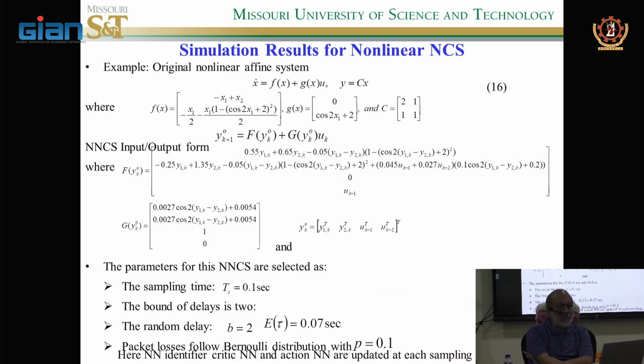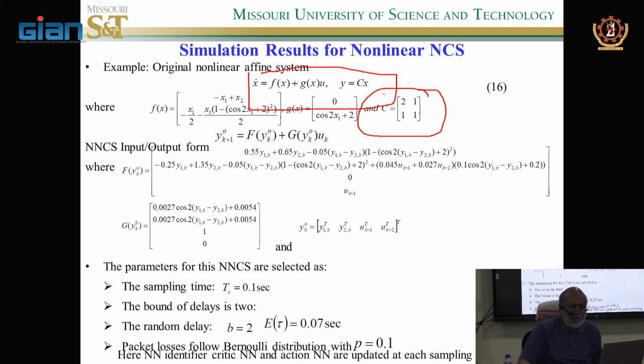Okay. So here is an example. This is an example of a nonlinear system. It's an affine system, y equal to Cx. You see C is known, and maybe this is invertible, probably. 2 minus 1 is 1, yeah. That's invertible.